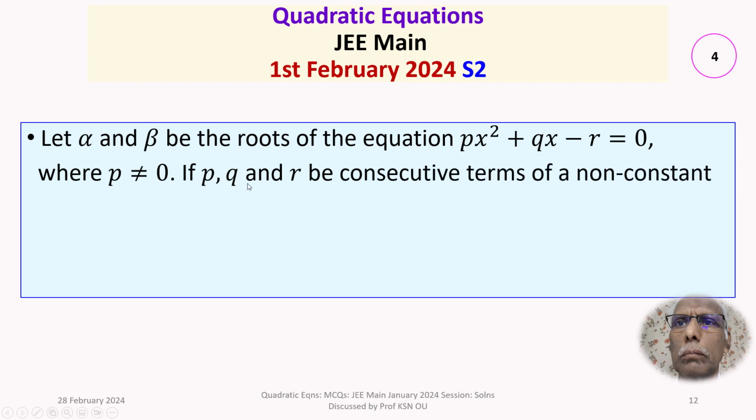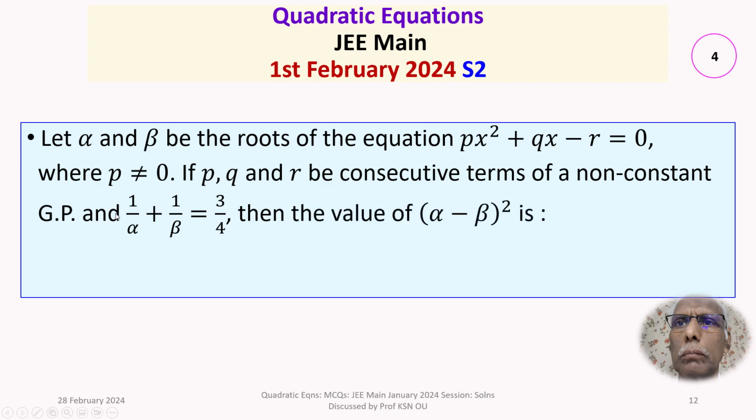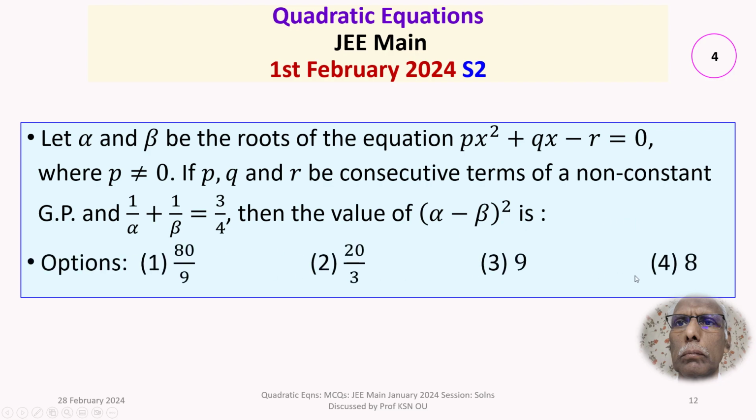If p, q and r are consecutive terms of a non-constant geometric progression, and 1 by alpha plus 1 by beta is equal to 3 by 4, then the value of alpha minus beta whole square is... we are given 4 options.